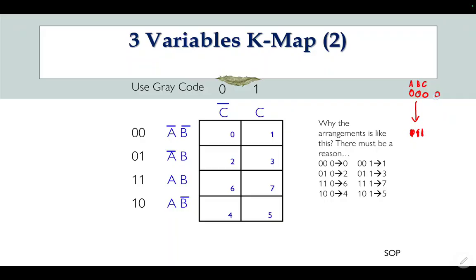So you are measuring from number 0 until number 7. Okay. So for 3 variable K-map, you got A, B 0, 0, 0, 1, 1, 1, 1, 0, and 0 or 1 for C. So the way that you locate number is 0, 1, 2, 3, 4, 5, 6, 7.